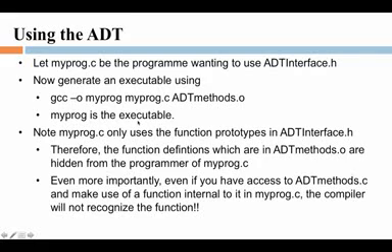Let us understand what we do. Myprog.c is a program which wants to use this abstract data type that you have designed. Remember that the functions that you can use to access the data items in this abstract data type have their function prototypes written down in adt_interface.h.